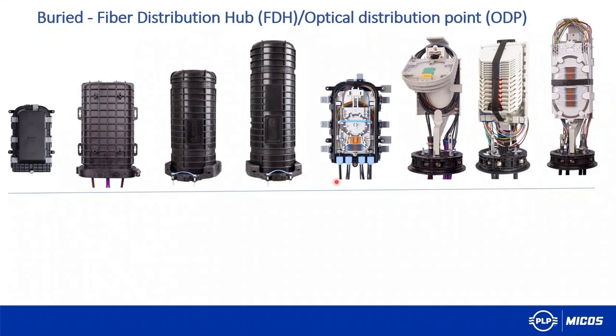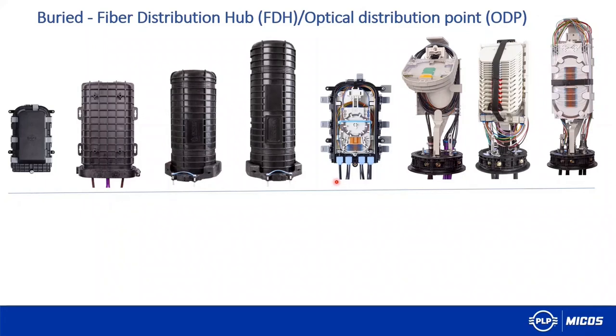Again, there are many different types of manholes, depending on the location where you want to place them: on the pavement, in roads, in parking lots, or in a green area next to the house. And those closures need to be, of course, IP68, so it means they must resist water and dust.